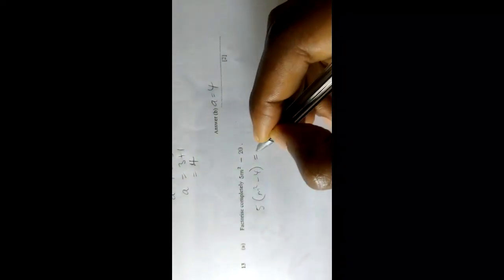So you have to ensure that it is factorized completely. So m squared minus 4 is going to be m plus 2 multiplied by m minus 2. So that is the factorization. So finally our answer is 5 multiplied by m plus 2 multiplied by m minus 2.